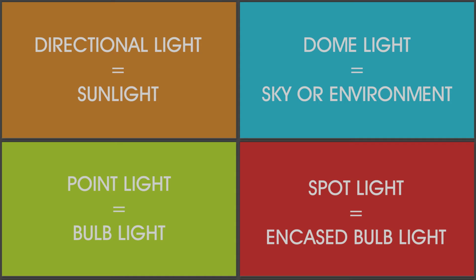Okay, but in order to do this inside our render engine, if we didn't have spotlights, we would need to put a point light inside a box or inside a cylinder and then render it, and this is going to be very hard because we need indirect lighting bounces, and it's pretty long and hard to calculate.